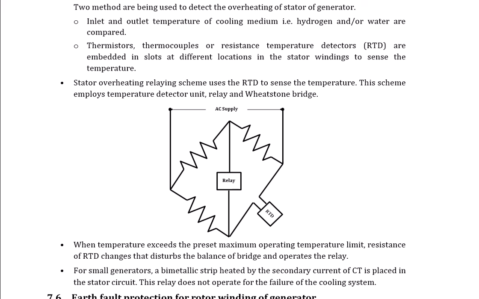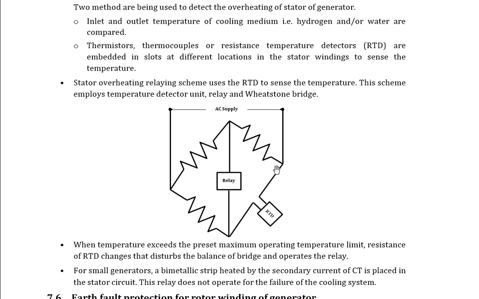Okay, so we already know what the balanced bridge condition and unbalanced bridge condition are. In the balanced bridge condition, if the multiplication of the resistances on opposite sides is equal to the multiplication of the other opposite pair, then in that case there is no current in the diagonal connection.